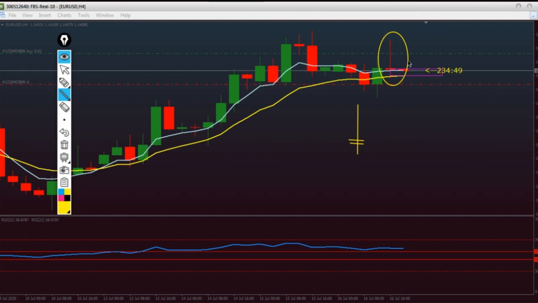That means there is indecision, but the 5 is still on top of 12. My direction is still going up, but the price now is at a high support.